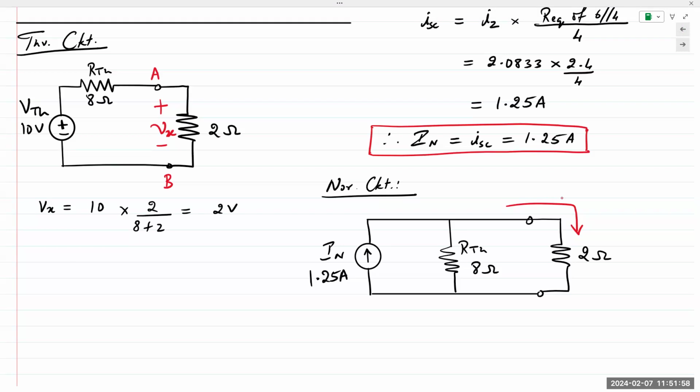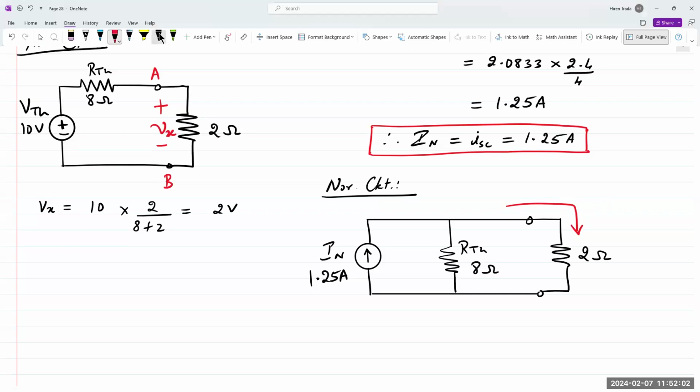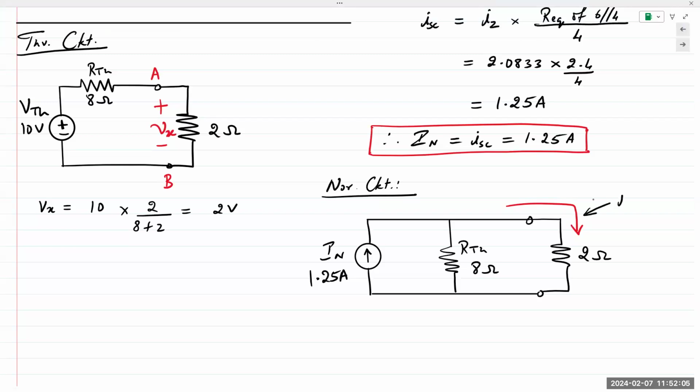So this current direction matches the current direction for ISC. Actually, it's not ISC direction.